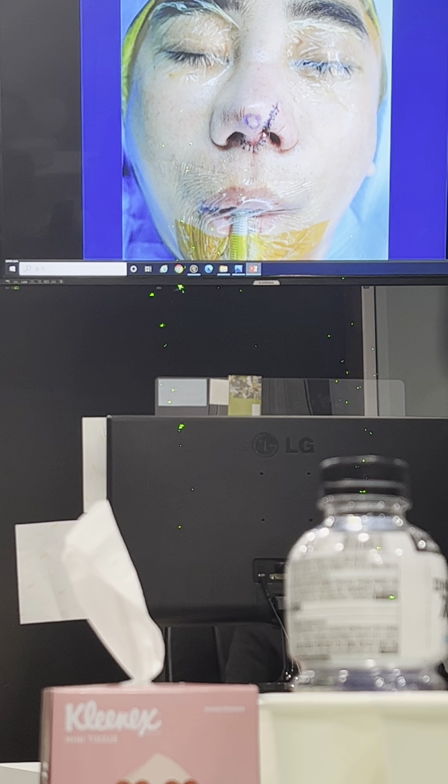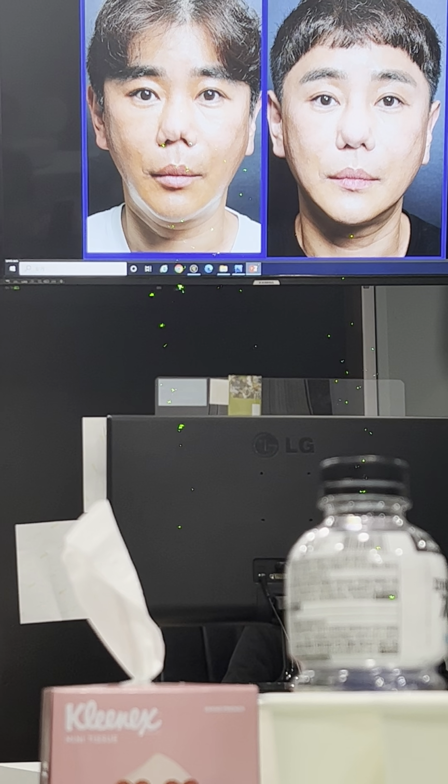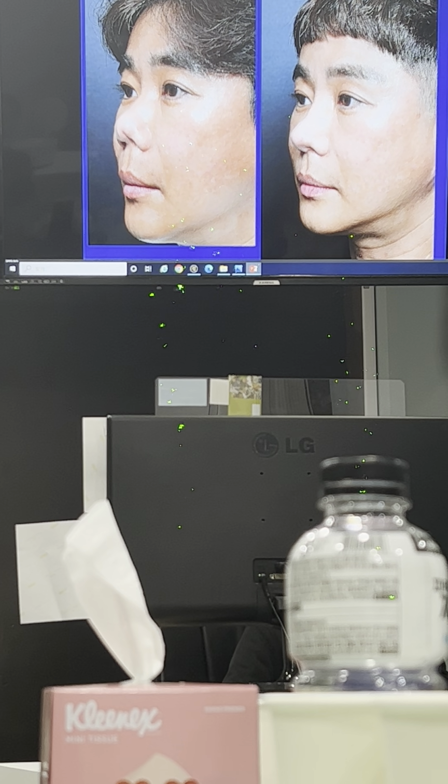I rotated it posterior to anterior. After that, I could correct the alar rim deformity. Now the alar rim is more symmetrical. And then there is a scar here, but this scar has almost disappeared, not visible.